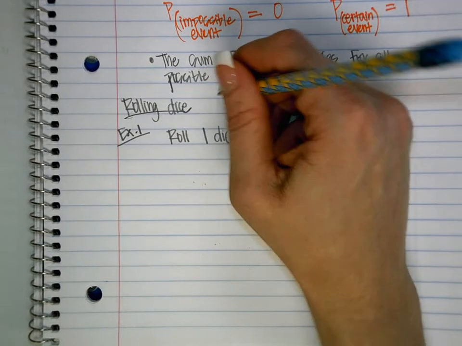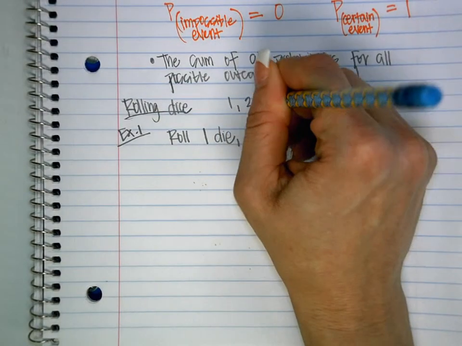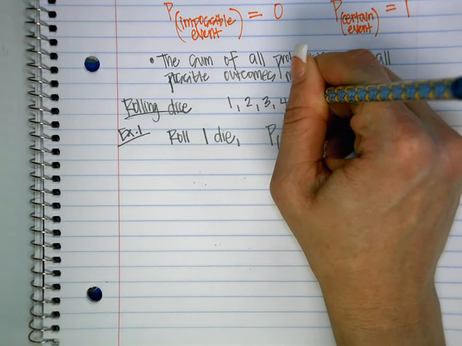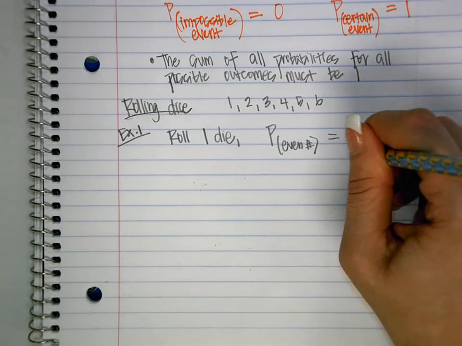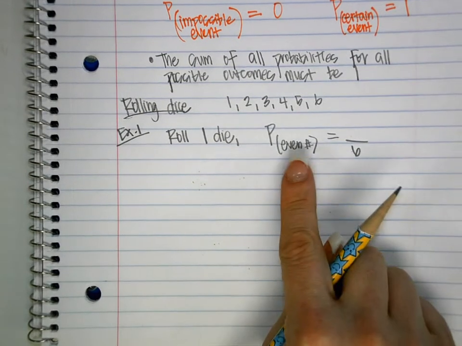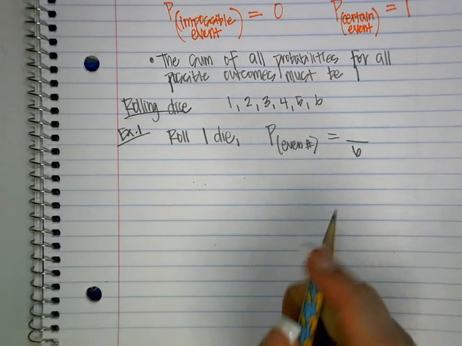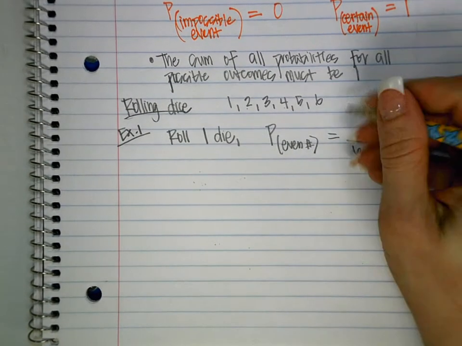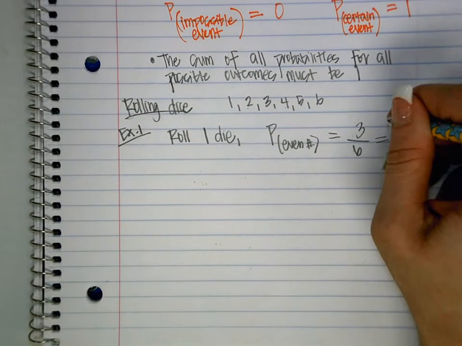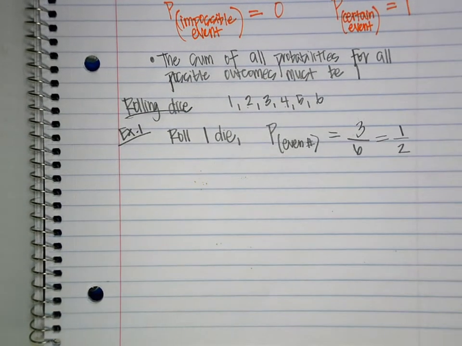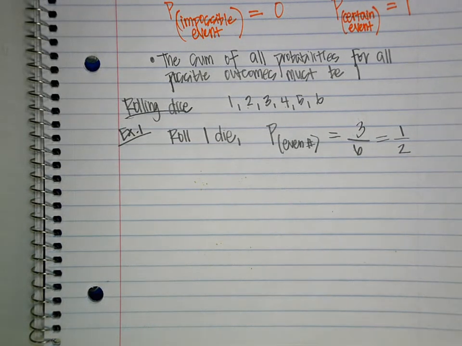You could get a 1, 2, 3, 4, 5, or 6, so your total possible outcomes is 6. How many of those are what I want, an even number? 1, 2, 3 of them: 2, 4, and 6. So your probability, if you reduce that, would be 1/2.